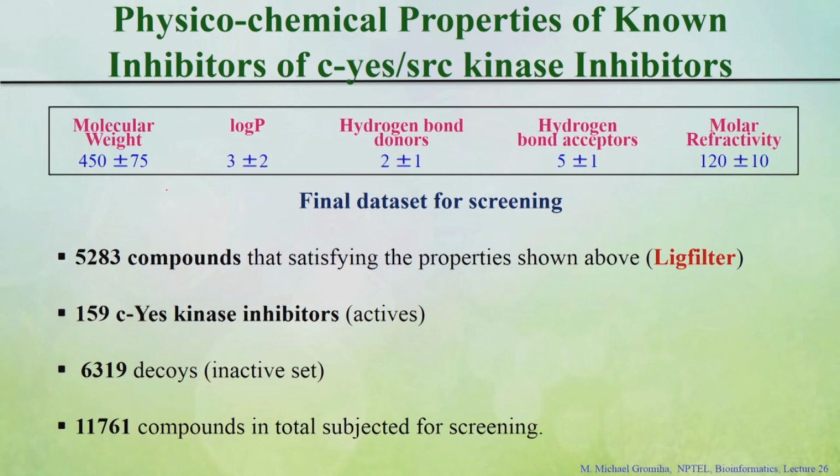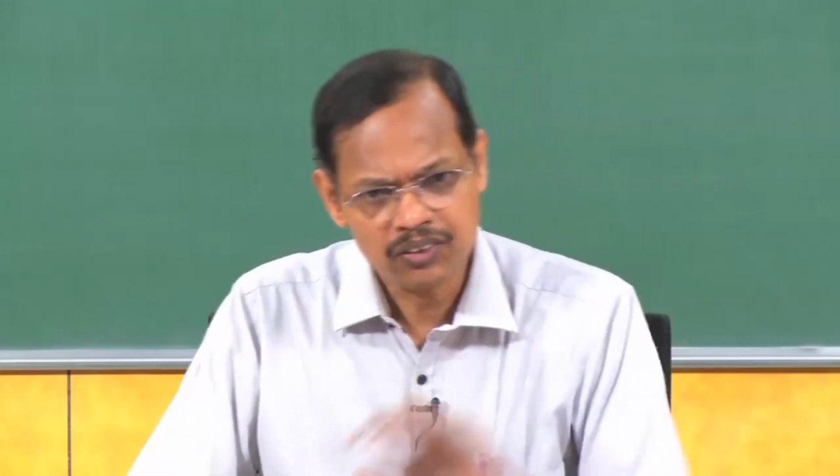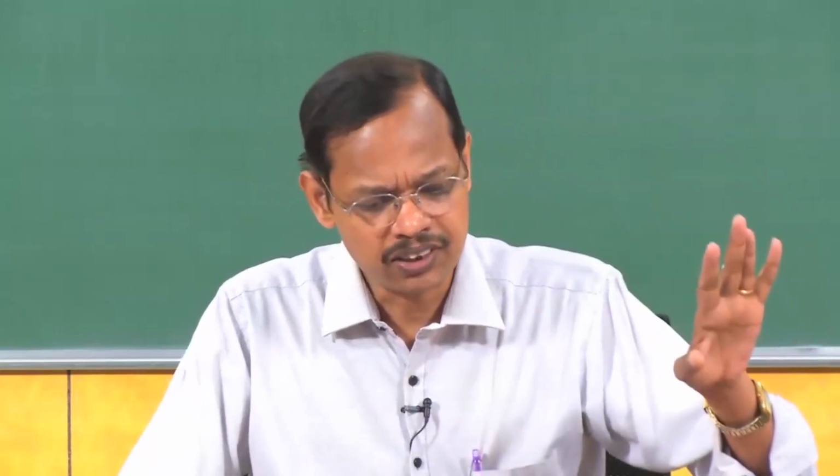So, we use both these ranges, right, minus and plus, and they screened the initial 2.2 million compounds. Finally, we ended up with these 5000 plus compounds, right. Then we have the actives 159, 6000 decoys, finally we get 11,000 compounds, right, that is fine. So, this is the ligand side, that is fine, we are set with the ligands.